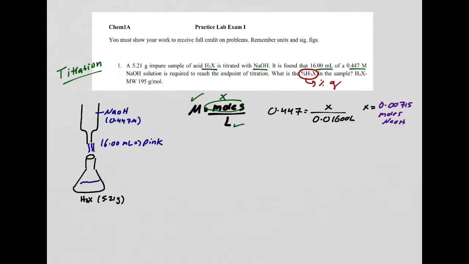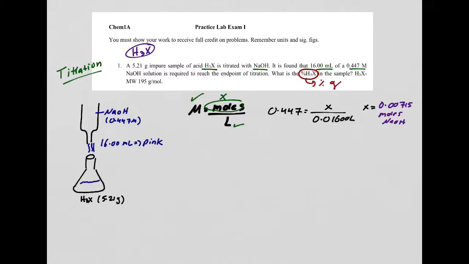If this was a monoprotic acid, we would be done. The same number would be the moles of the H3X. But this is not a monoprotic acid. I gave you a hard problem, that's good. H3X is not a monoprotic acid. It's a triprotic acid.